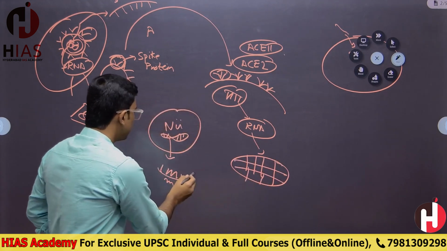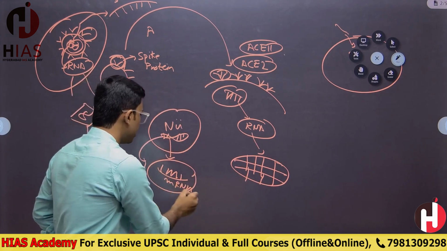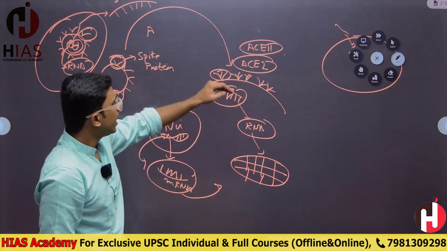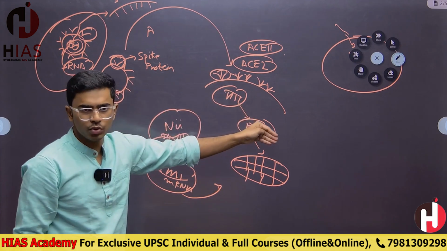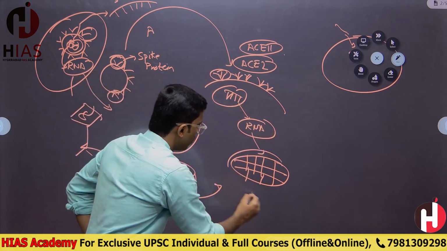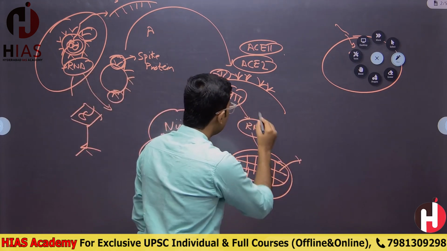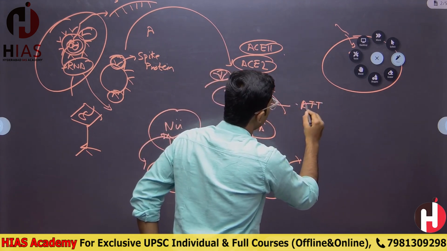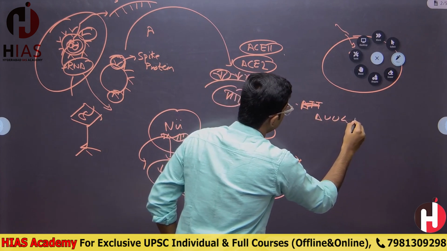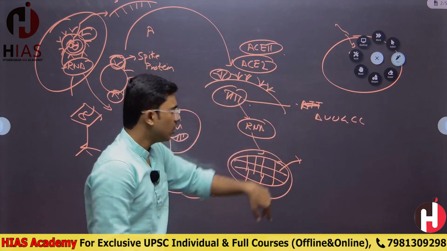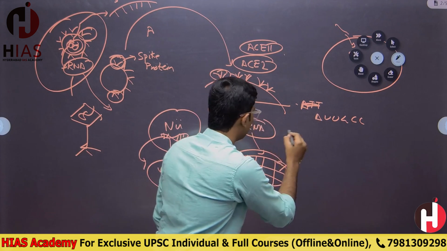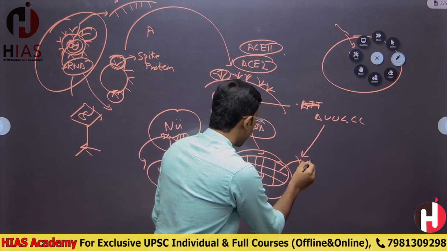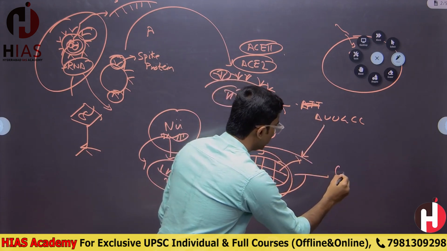Otherwise this would take time, as it has to first transfer and come. Directly, the virus goes to the ribosome and it will now make, let's say this part is the virus RNA, AUUGCC. Now it will replicate this. This particular code is directly given to the ribosome, and some protein is formed.